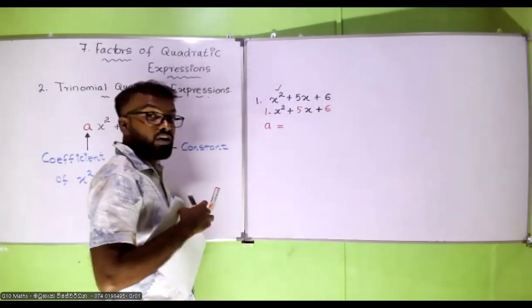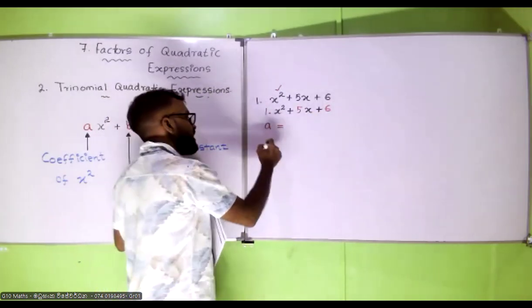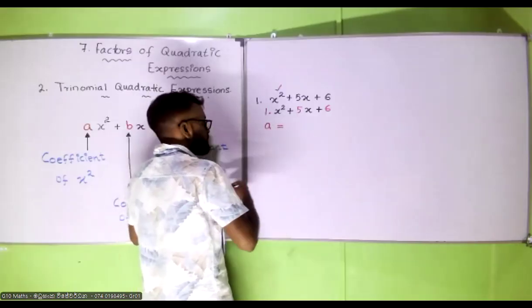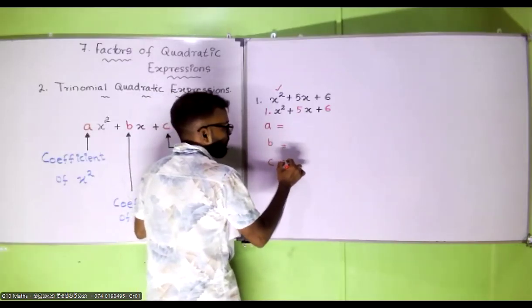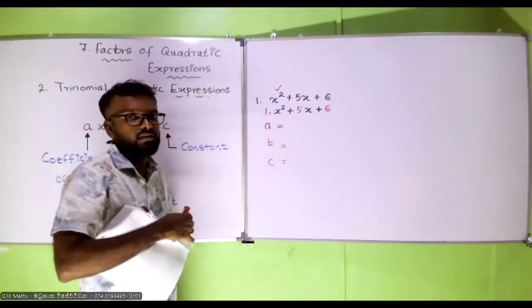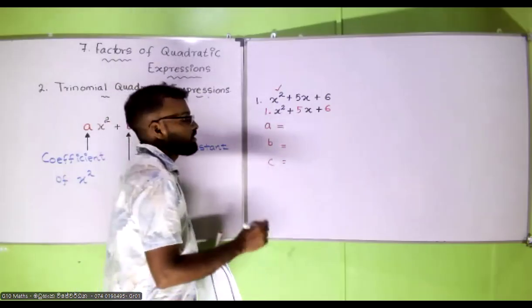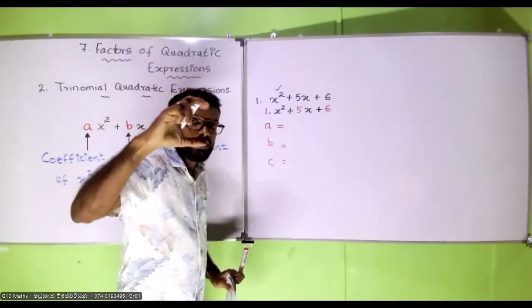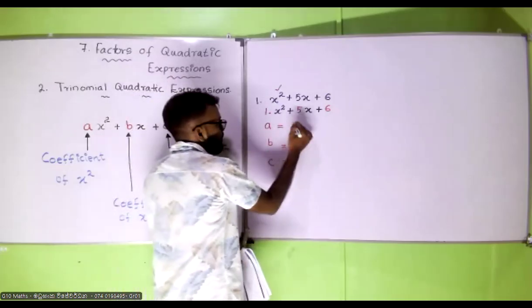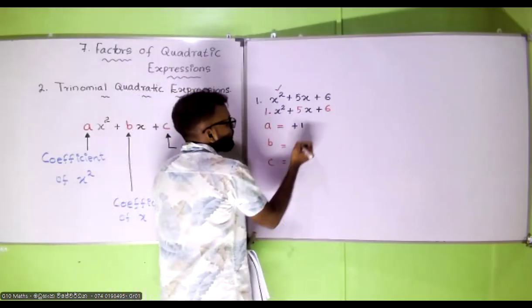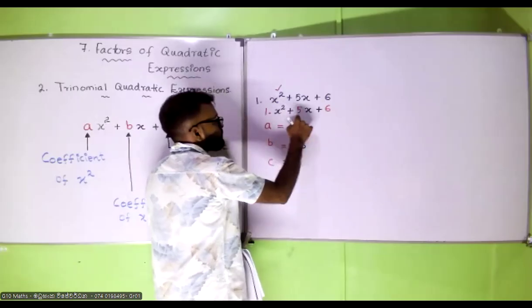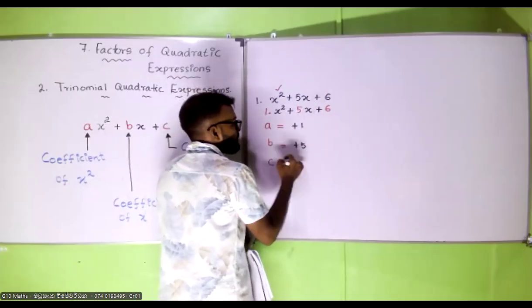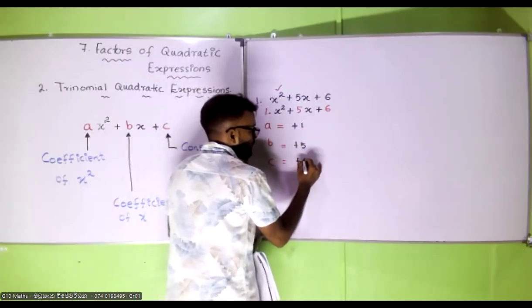So when we are writing ABC, we need to have the sign: this is positive 1, B is positive 5, and C is positive 6.